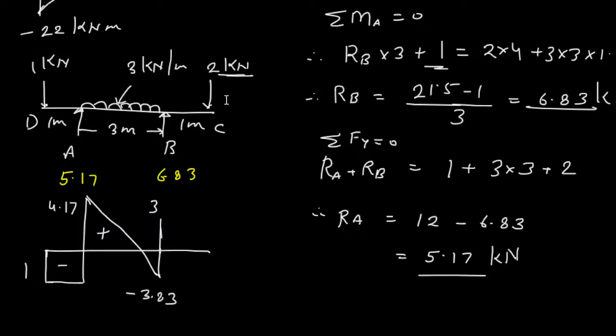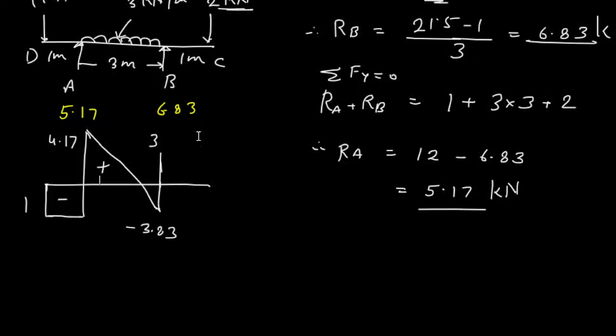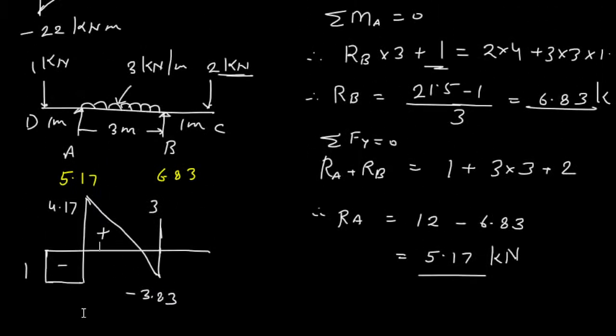Now RA, we have total 3 times 3 is 9, 9 plus 3, 12, 12 minus 6.83. The value is 5.17. RA is 5.17. Okay. So initially I have 1 kilonewton down, then 5.17.